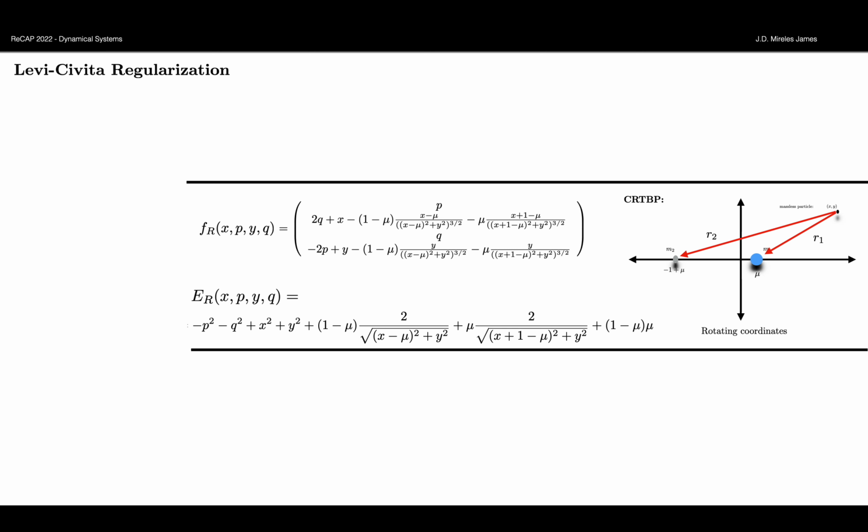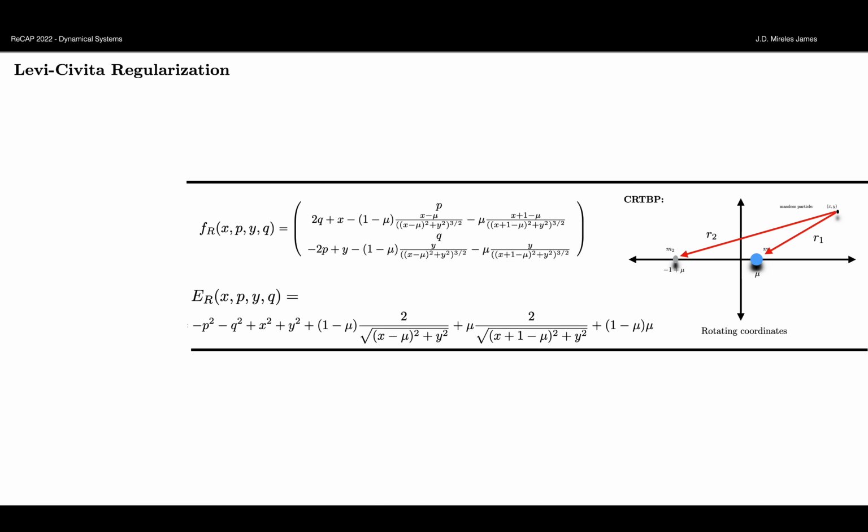Here's our original circular restricted three-body problem. You can see, for example, that if x equals mu and y equals 0, we have a singularity in this system. But the regularization at the large primary is this vector field with this energy.